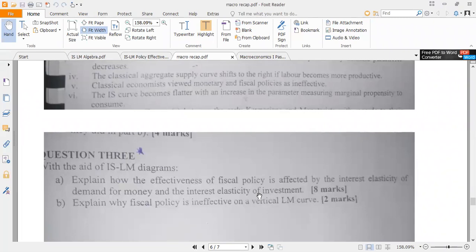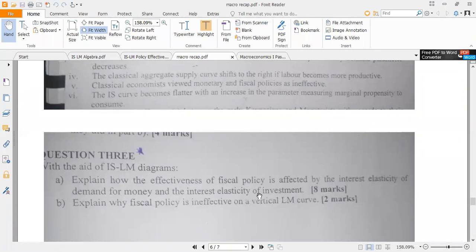But let's look at the case where money demand is interest insensitive. It doesn't really respond to interest rate. It means that when you increase your government spending, the interest rate must really go up before money demand will fall again. And as the interest rate is going up, then investment will keep on falling, increasing the crowding out.